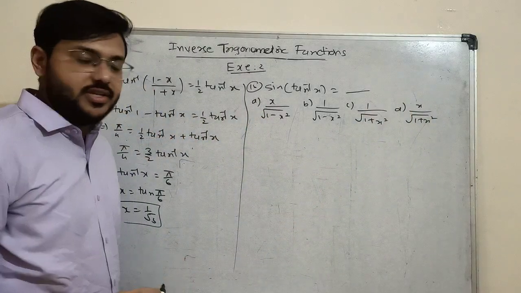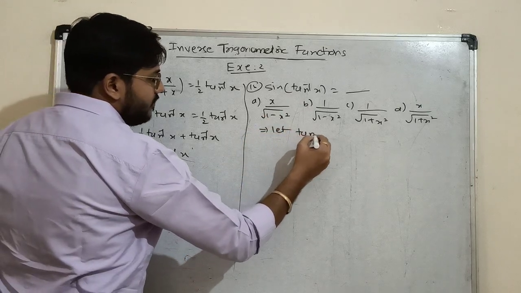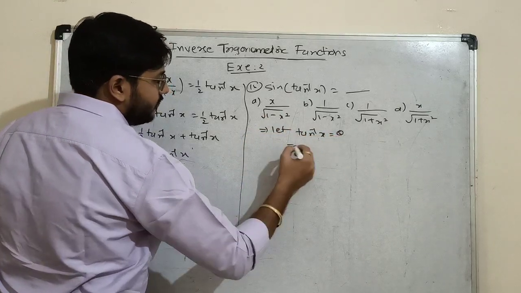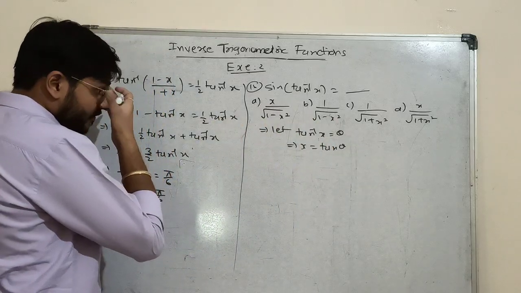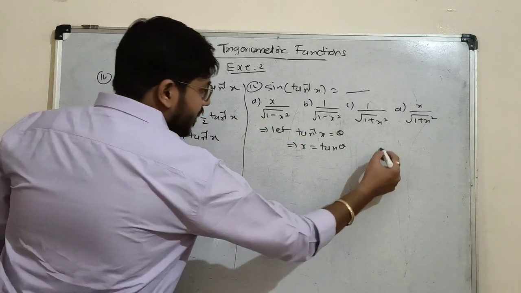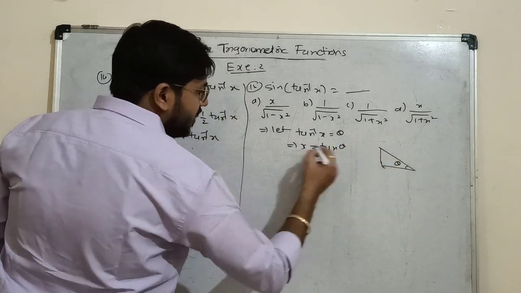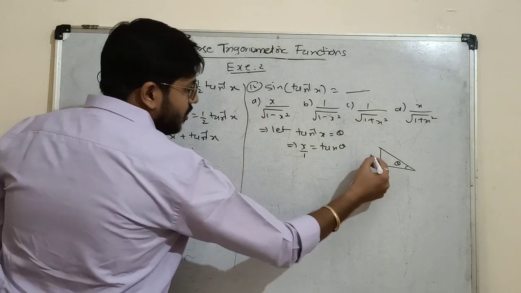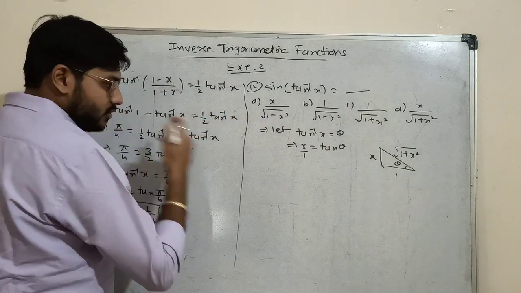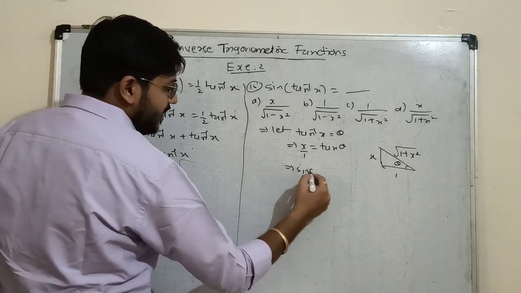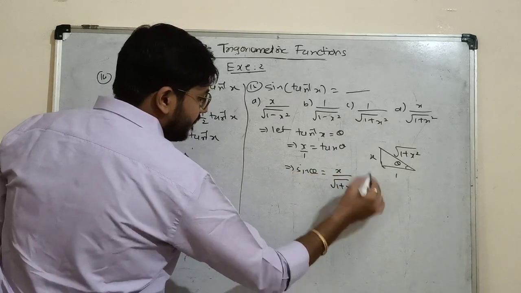What we'll do first, we'll assume let tan inverse x be theta. So x equals tan theta. Now if x equals tan theta, by using the triangle we directly get the answer of sine. If I consider this as theta, it is x by 1, so opposite side by adjacent side. So the hypotenuse will be root 1 plus x square. So sine theta will be x by root 1 plus x square.